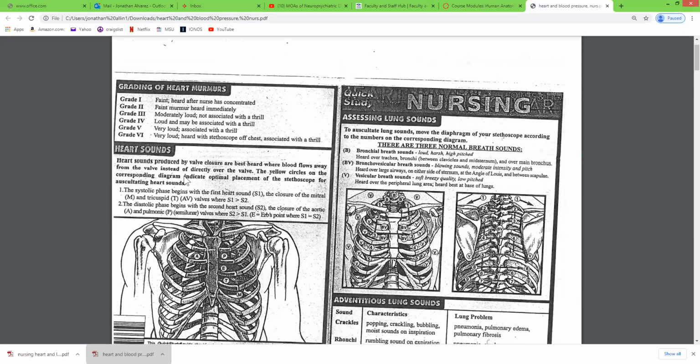But what I want you to know is we do have an S1, S2 heart sound, and the different murmurs, and the location of where you place the stethoscope on the patient and what valve you're listening to based on your location.